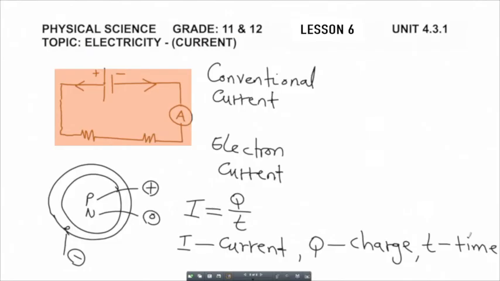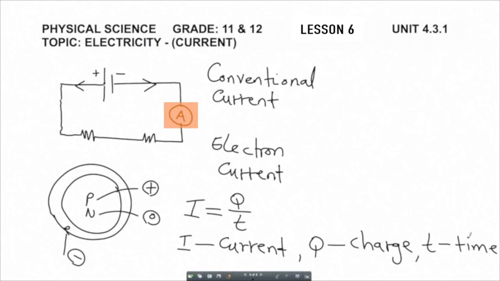Alright, the summary to this lesson is that we of course now looked at the flow of the current. We specified in our initial explanations that when one looks at this circuit, we have what we call conventional current, which is the current that must flow from positive to negative. And then we have the electron current, which must flow from negative to positive.